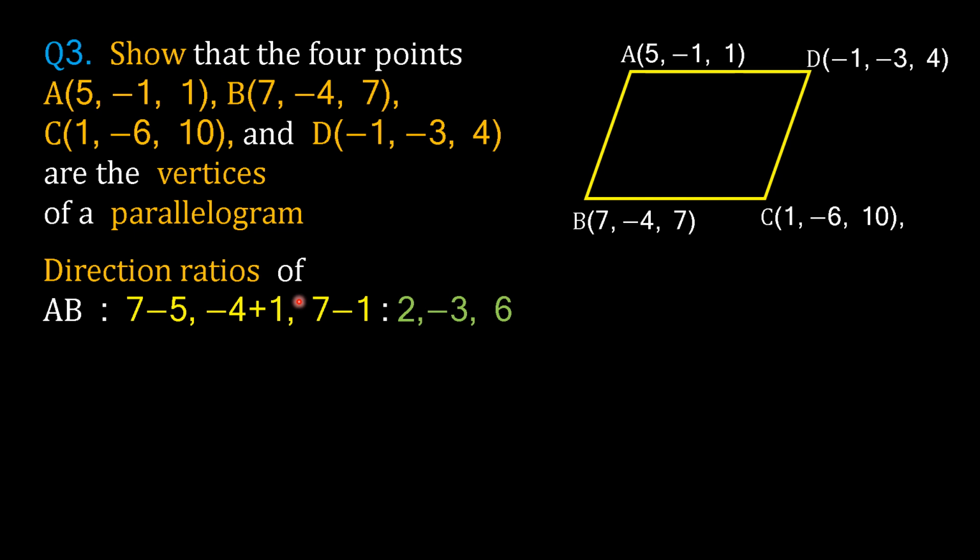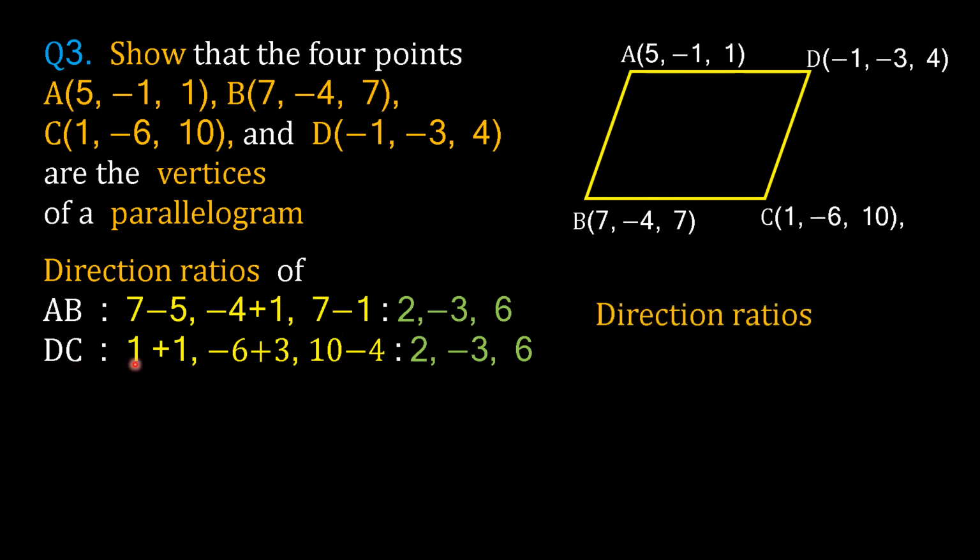So first, direction ratios of side AB will be 7 minus 5, minus 4 plus 1, 7 minus 1, that will be 2, minus 3, 6. Direction ratios of DC will be 1 plus 1, minus 6 plus 3, 10 minus 4. That gives us 2, minus 3, 6.